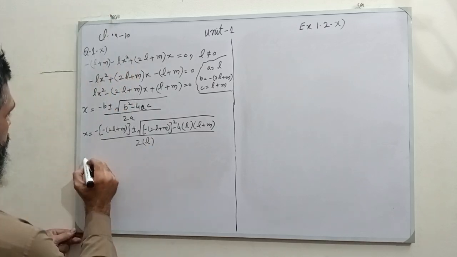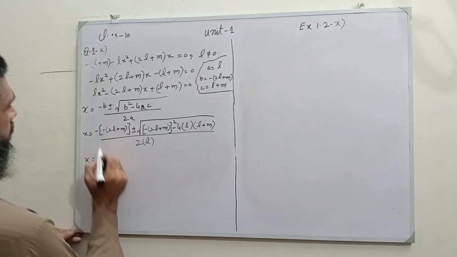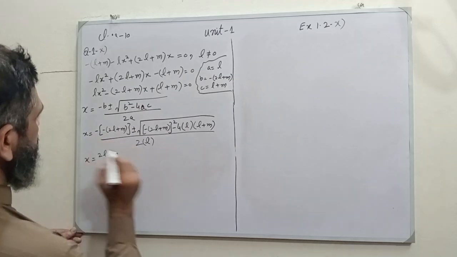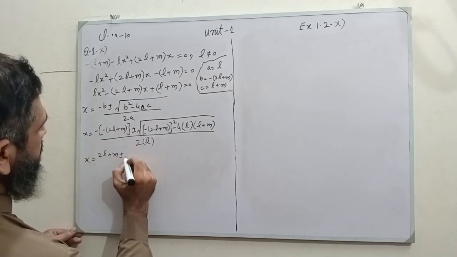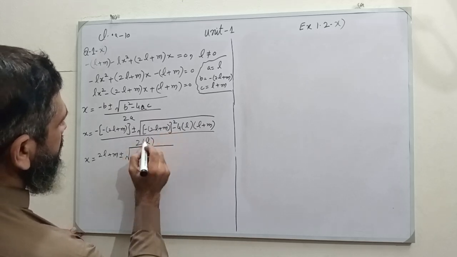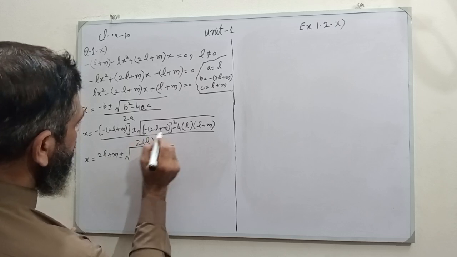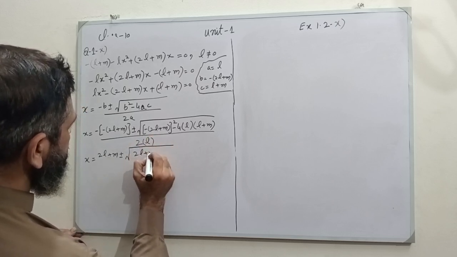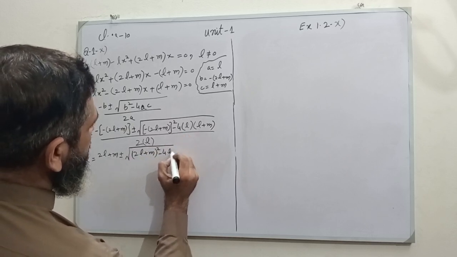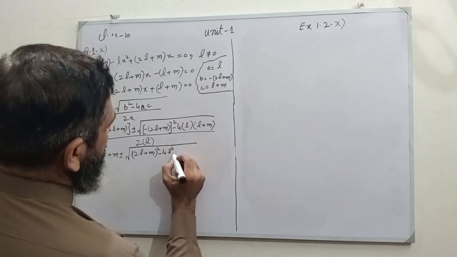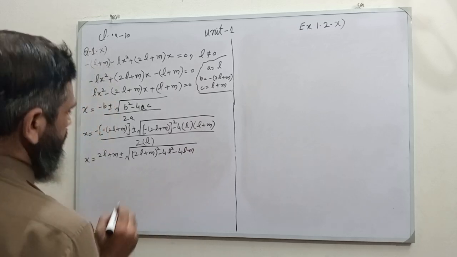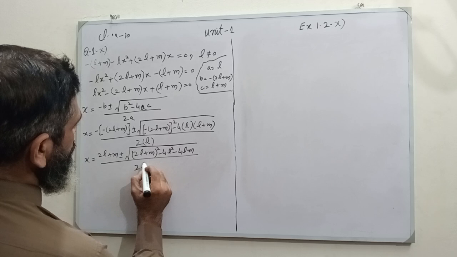So here X is equal to 2L plus M, because minus will be multiplied with minus, it will become plus, plus minus under root, here this minus 1 can be considered, so it will be 2L plus M whole square minus 4L square minus 4LM, divided by 2L.